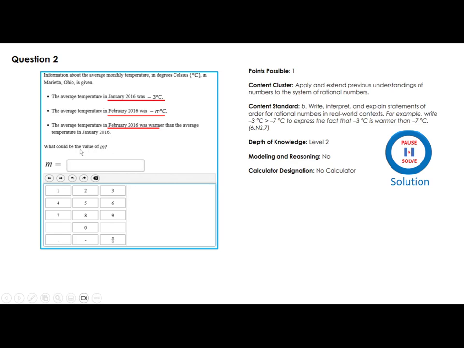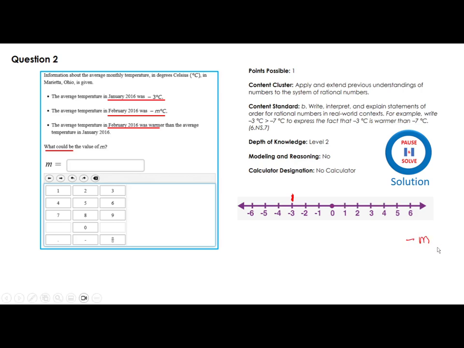When you hear "what could be the value," that means there is more than one possible answer. So to help you out, you can make a number line. In January, it was -3. That was here. Now, in February, it should be warmer. It should be to the right. And it's -M.